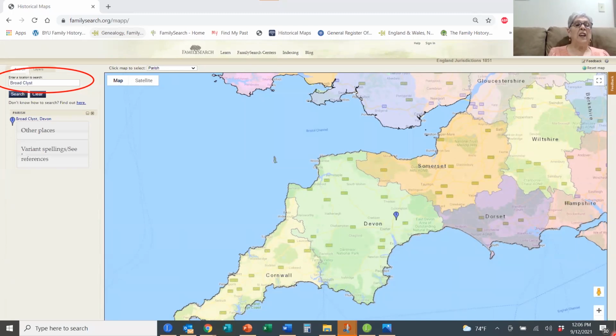So I put in Broadcliffe, as you can see right here, and that little blue map pin shows me where Broadcliffe is. So that's good to know. However, the other two children, one was born in St. Mary Church and one was born in Exeter. So I plugged those in too, as map pins here.